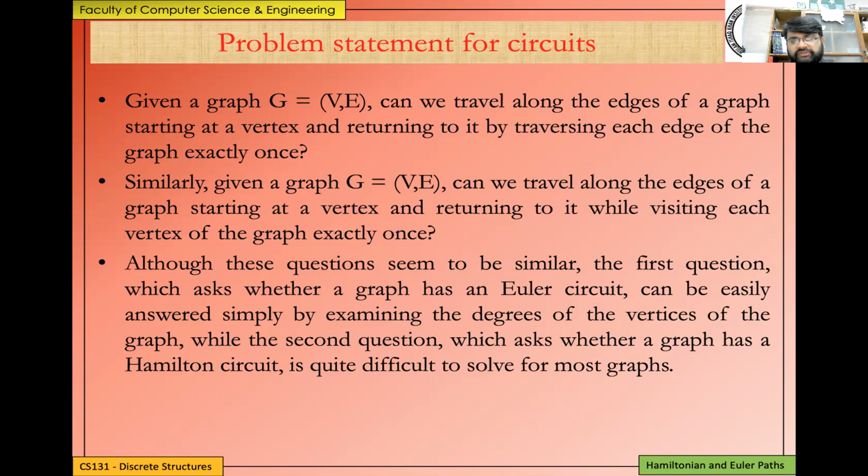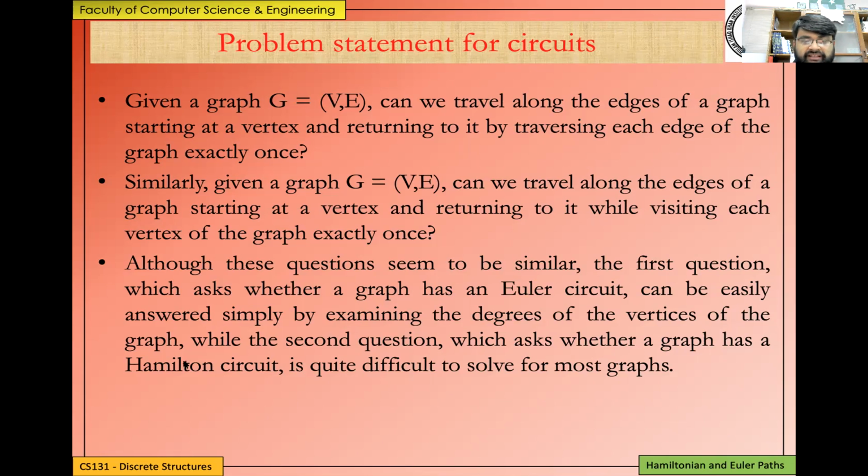So the first question talks about whether in a graph we can travel along the edges starting at a vertex and return to it by traversing each edge exactly once. If this is true, then an Euler circuit is possible.